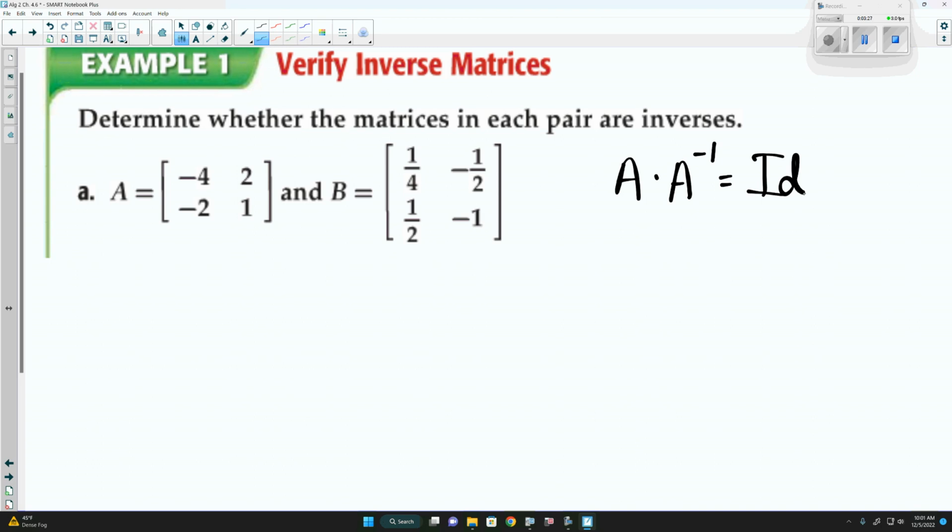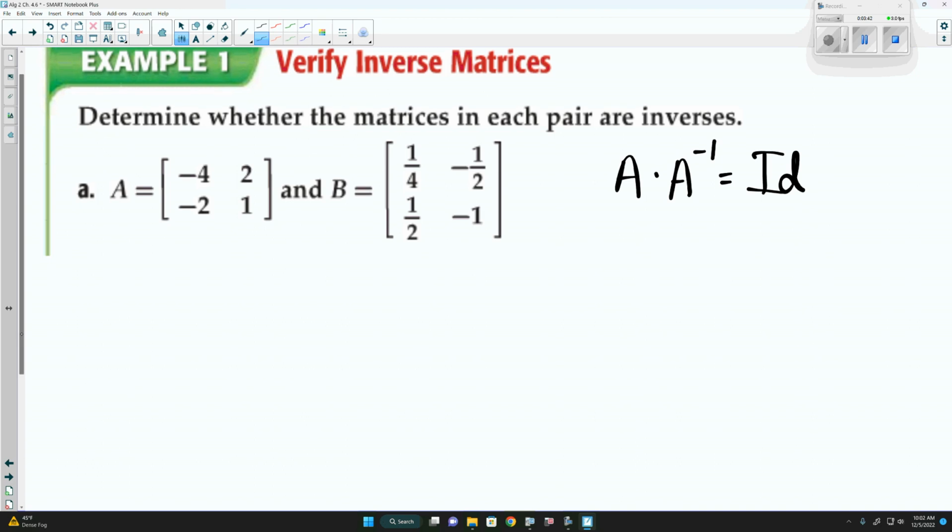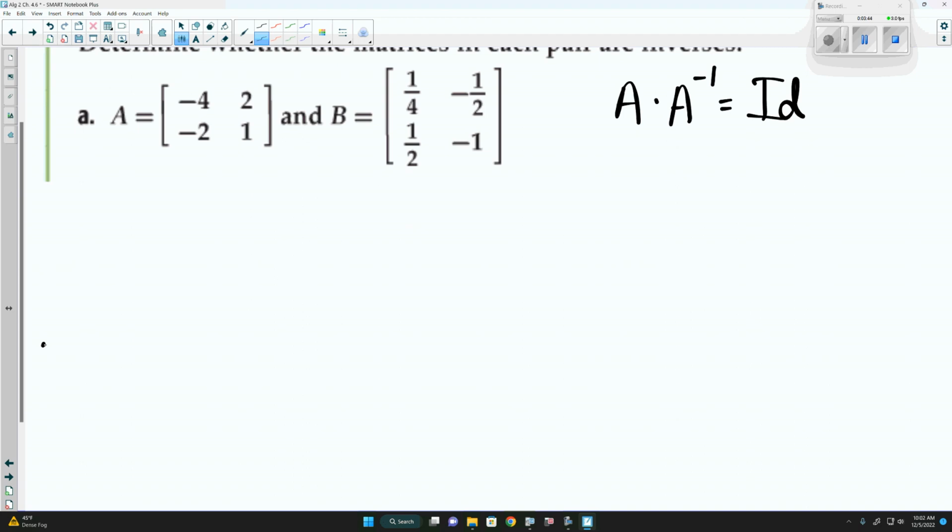And really, it works in either way. So for A and B here to be inverses of each other, A times B and B times A should both give us the identity matrix. And realistically, if A times B doesn't give us the identity matrix, it doesn't matter what B times A is.